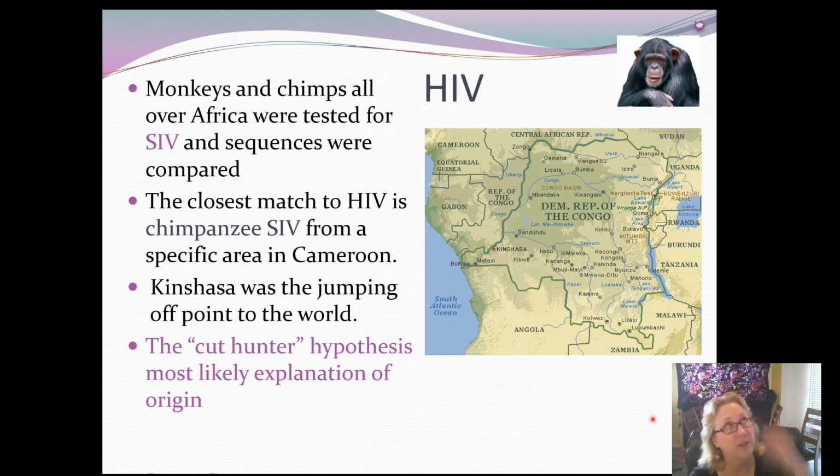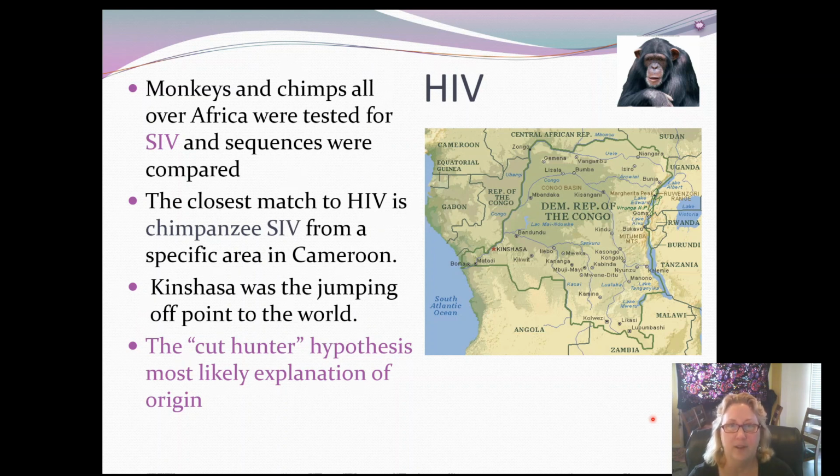You only need to find them up in the tree and then pick up the poop off the ground. So she traveled all over Africa collecting fecal samples from many species of monkeys and from chimpanzees in many different regions and gorillas.